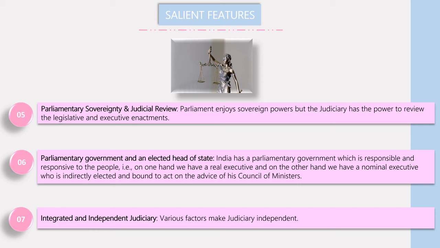Judiciary is free from legislative and executive control. The mode of appointment and removal, security of tenure, ban on practice after retirement, and punishment for contempt of court are factors adopted which keep the judiciary independent.